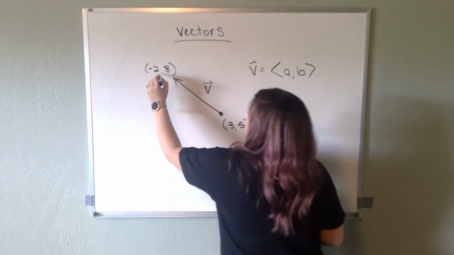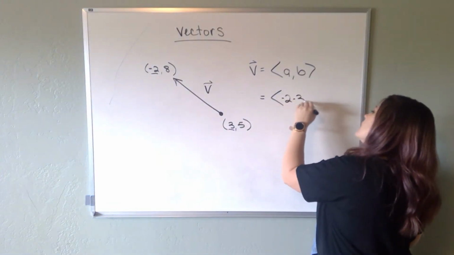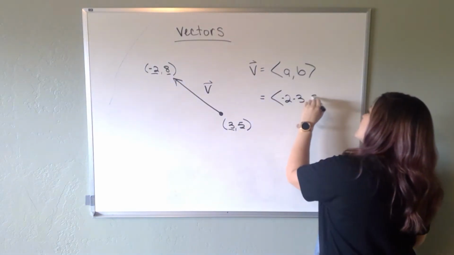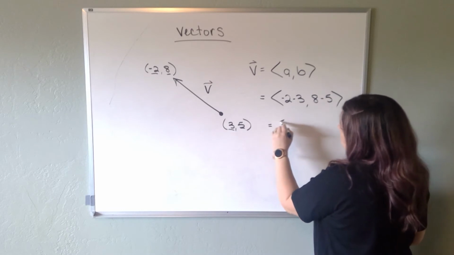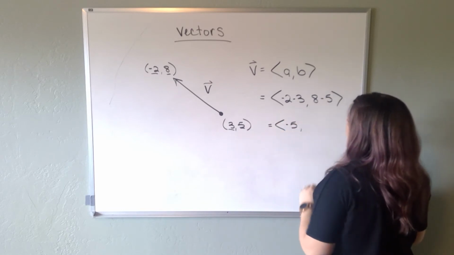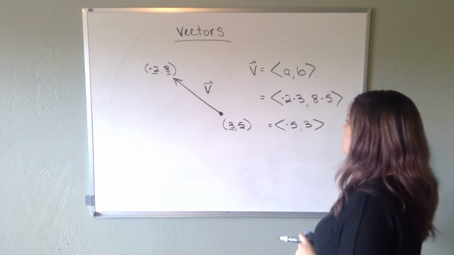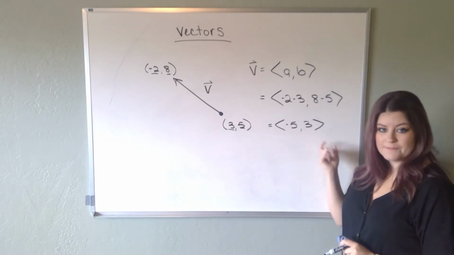Let's do -2 minus 3, and 8 minus 5. -2 minus 3 is -5. 8 minus 5 is 3. So we get our component form of this vector, -5, 3.